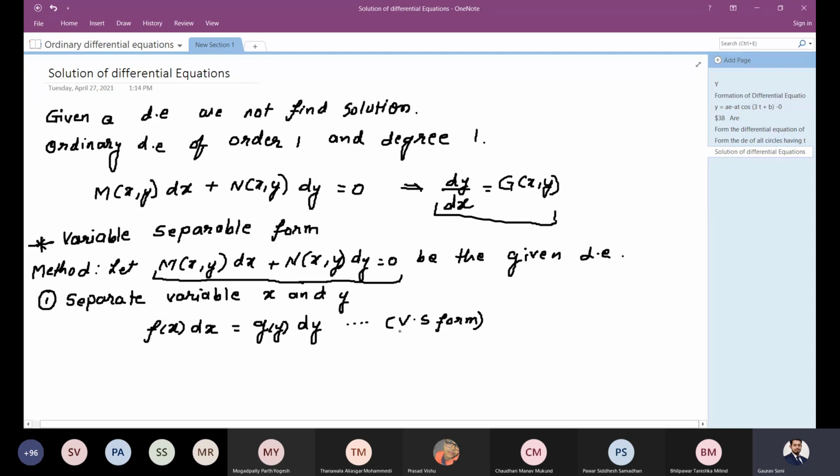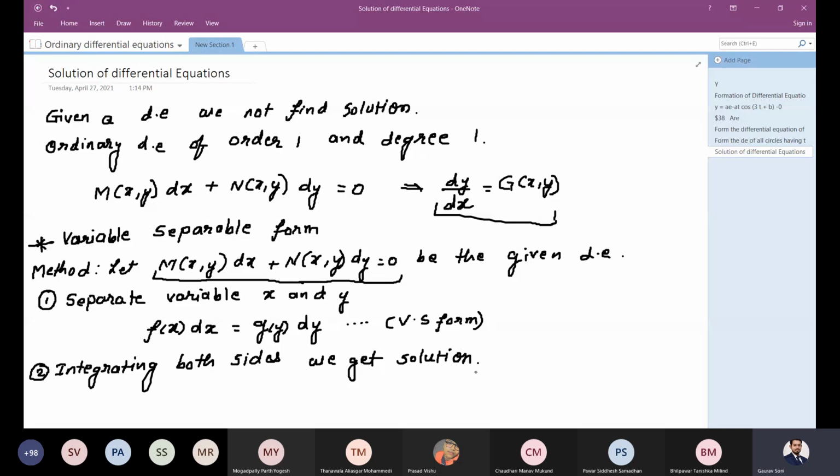Once we get the variable separable form, our next task is to integrate on both sides. Integrating both sides, we get the solution. This is the overall procedure, and let me tell you, this is the easiest method to solve ordinary differential equations of order 1 and degree 1.